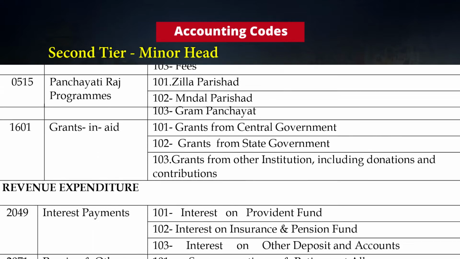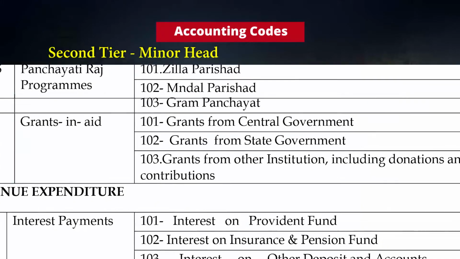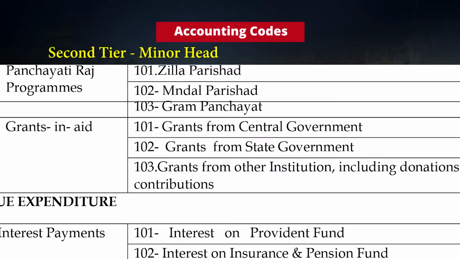For example, grant in aid 1601. In this major head, the minor heads are in 3-digit codes like 101, grants from central government, 102, grants from state government, 103, grants from other institutions.